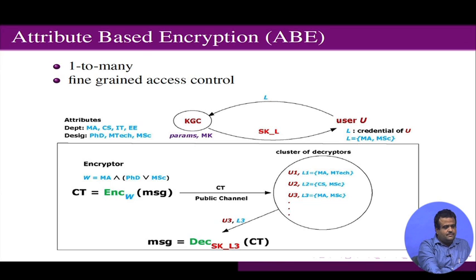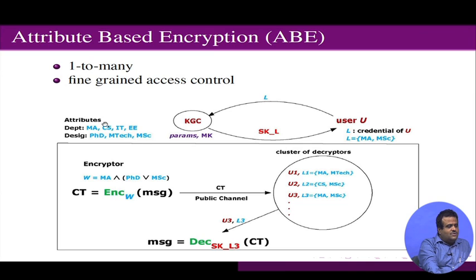Now this user will send the credential to the key generation center, and the key generation center at the setup phase has the public parameter and the master key, and using it will send the secret key SK_L for that credential of the user.